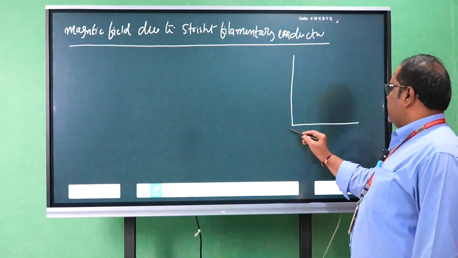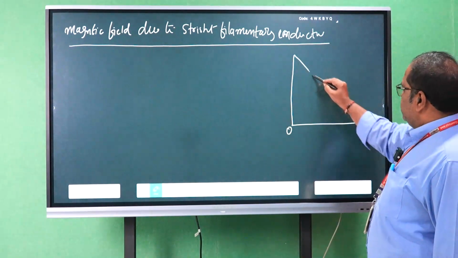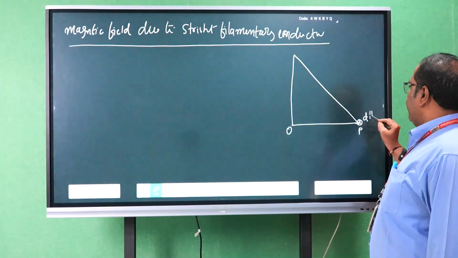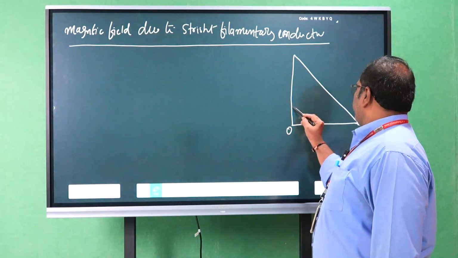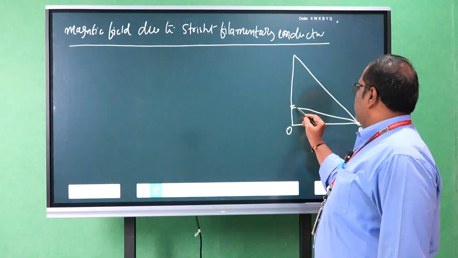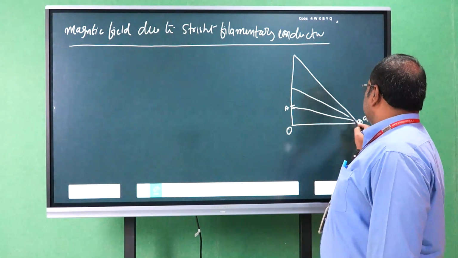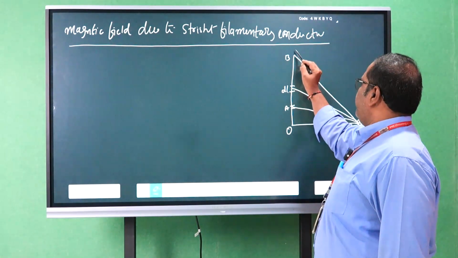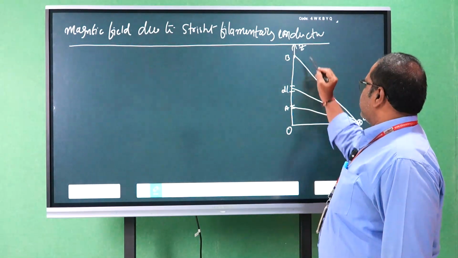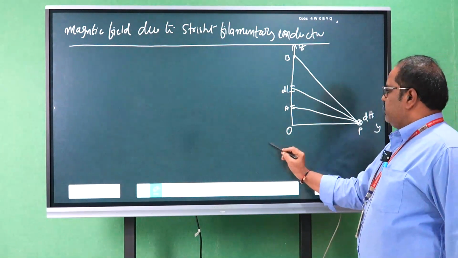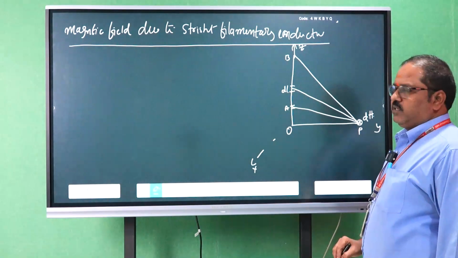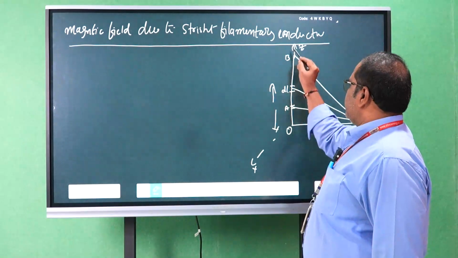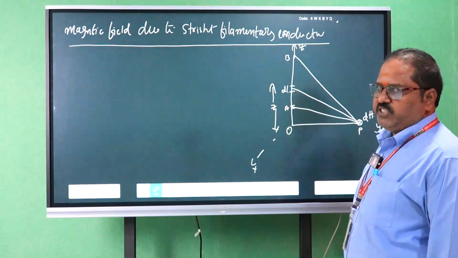It has origin point O, along with the y-axis. This is the point P, where you have to determine dH. On the straight line, one end point is A, another is the differential element dl, and another end point is B. The axes are z-axis, y-axis, and x-axis.